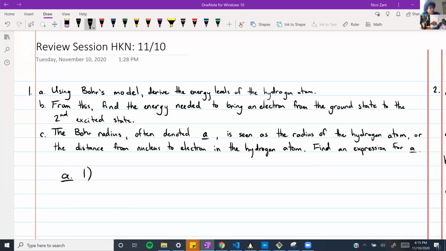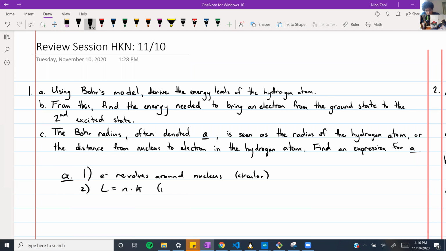This was something that Bohr was like, yeah, it seems pretty clear. Revolves around nucleus. And I'll just put circular here because he did specify it was a circular orbit. The second thing is that the angular momentum of the electron is quantized, or quite simply that L, the angular momentum, is some integer times h bar.